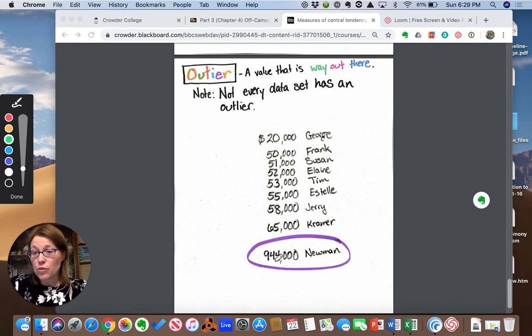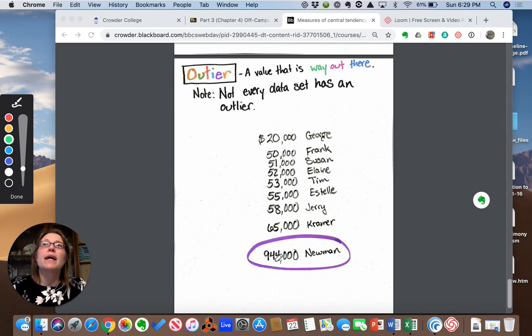Not always will you have an outlier. If you were measuring heights of everyone in a kindergarten classroom and you included the teacher, that might be an outlier because the teacher would be unusually tall compared to all the rest of the kindergarten students in that same room.